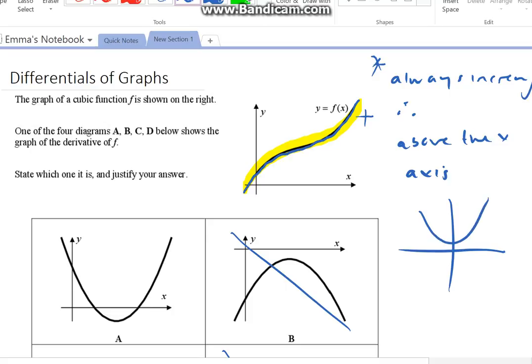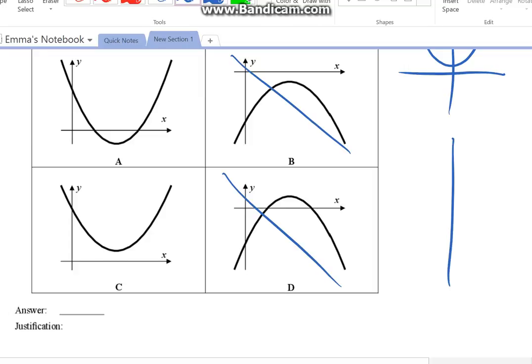If we had a cubic graph that did something like that, it's increasing on this side, then decreasing in the central part, but then it goes back to increasing.